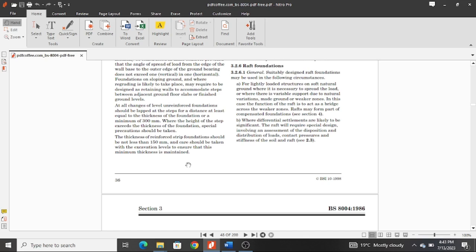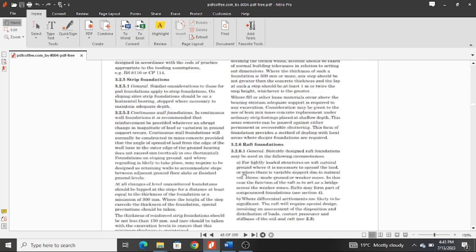And for good construction, you are supposed to normally do some blinding to your ground, so that it provides a good platform to work on. And then you determine the 150 or design for much higher. Like in our design, we will design for a higher depth of a strip.